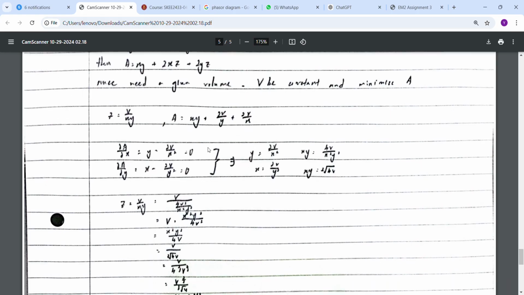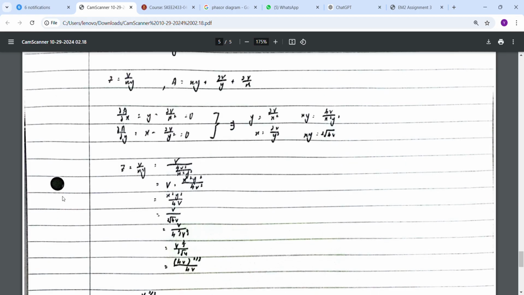Now we need to do the differentiation: delta a over delta x, and also delta a over delta y. After that we can get y equal to 2v over x squared, and x equal to 2v over y squared. So now we can find xy equal to 4v over x squared y squared, and after that we find xy equal to the cube root of 4v.